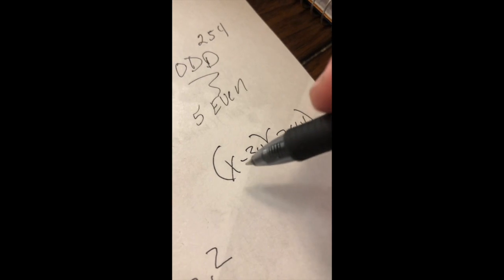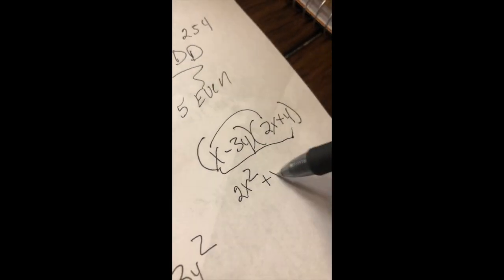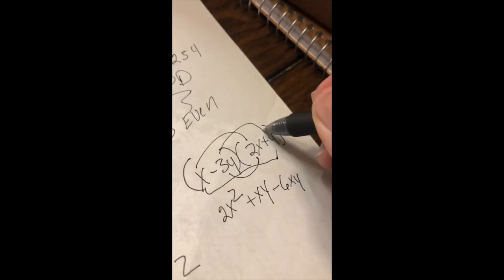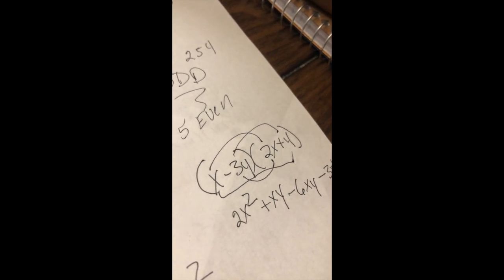Number 1, x minus 3y times 2x plus y. And again, you're going to multiply your first terms, which is going to give you 2x squared. And then your outer terms, which is going to give you a positive xy. Your inner terms, which is going to give you a negative 6xy. And then your last terms, which is going to give you a negative 3y squared.